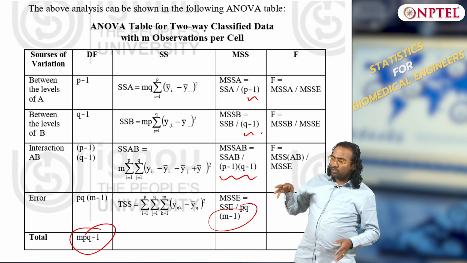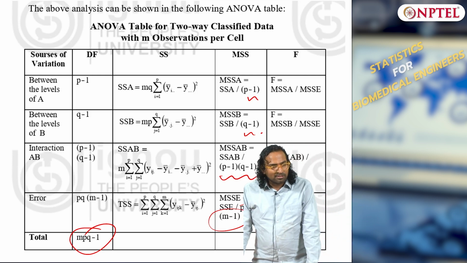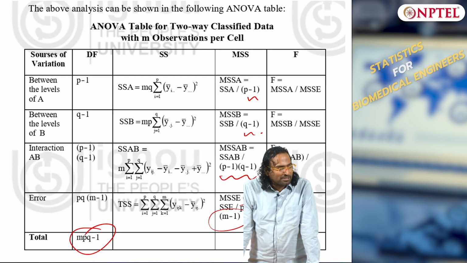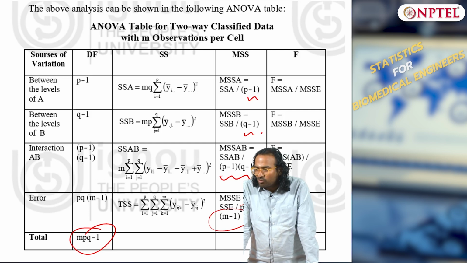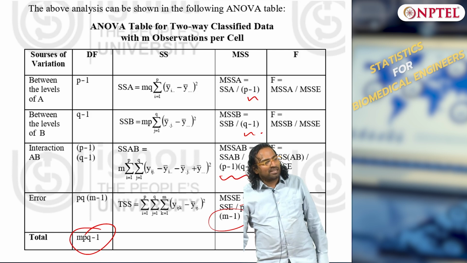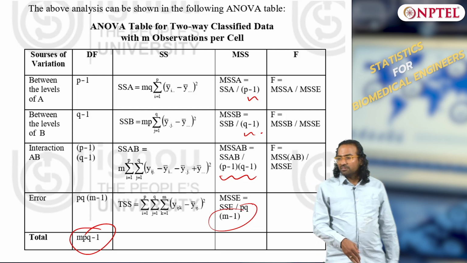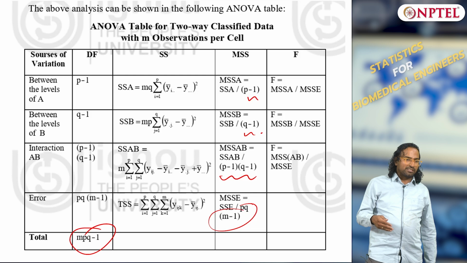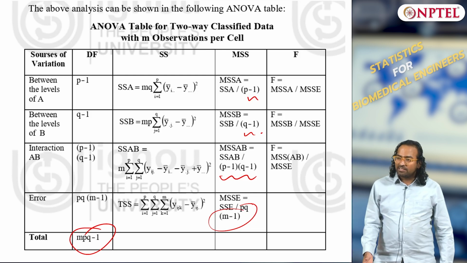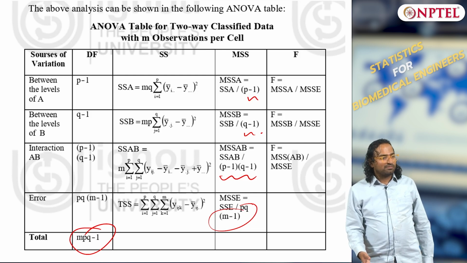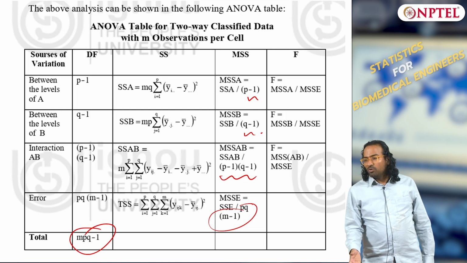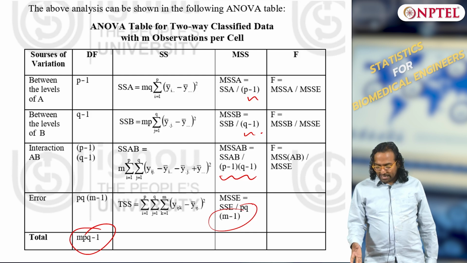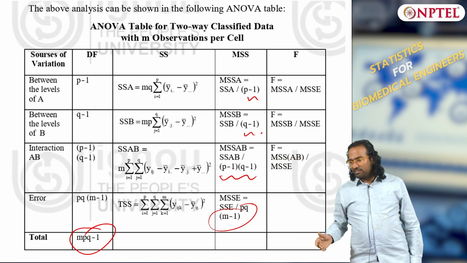So either you keep both the factors constant, that is ideal, and that will lead to a pure replication. But sometimes you cannot keep both constant, you can keep only one constant, then that will result in a change of degrees of freedom of error. We learned what the different kinds of replications are. Here I have considered ideal replication, that is why P minus 1 into Q minus 1 degrees of freedom. If something is not replicated exactly, then that degrees of freedom will change.